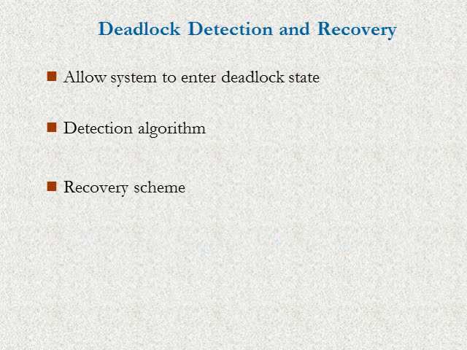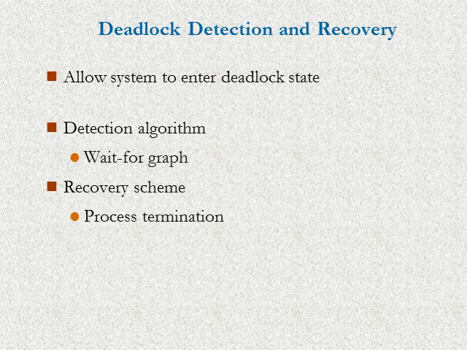This method allows the system to enter into a deadlock state, and then a detection algorithm is in place that executes after some time, and once a deadlock is detected, we have a mechanism for recovery from it.